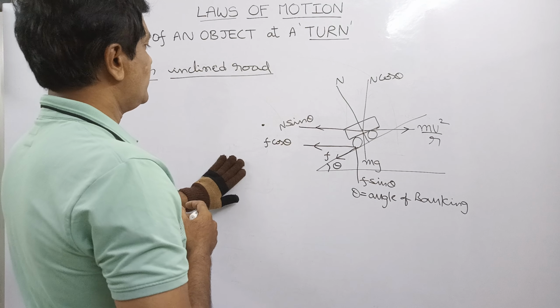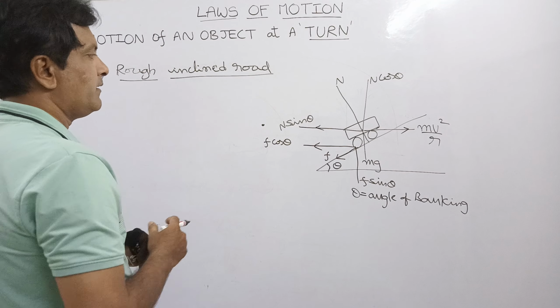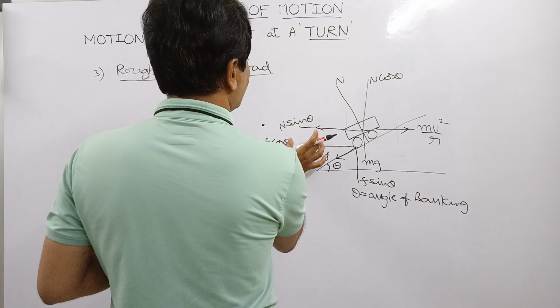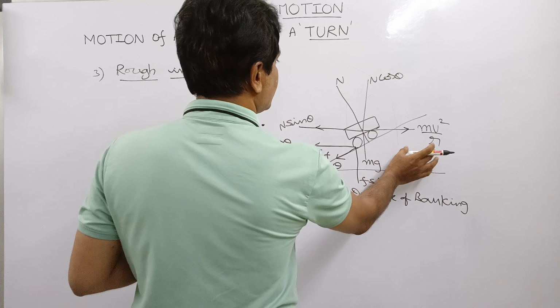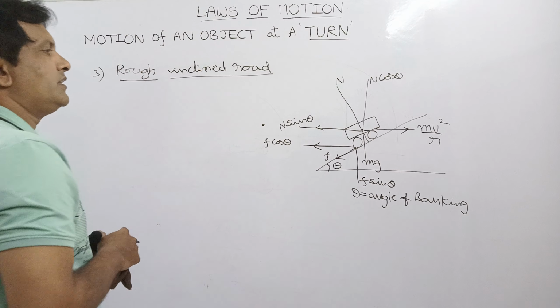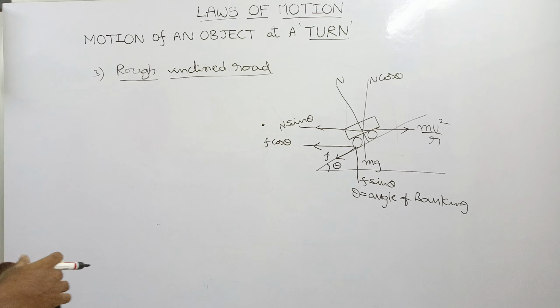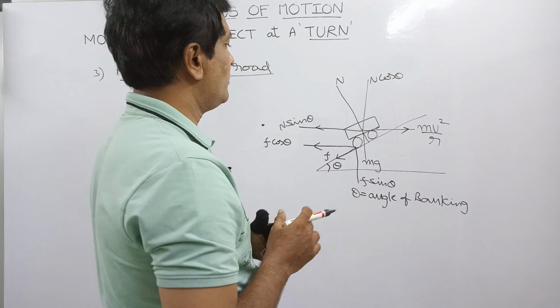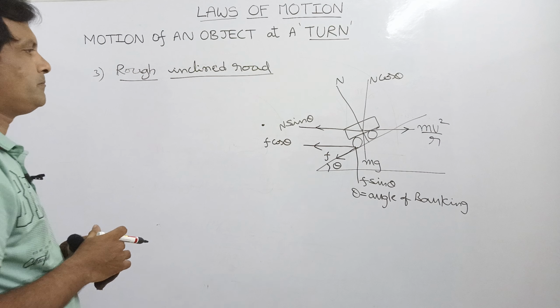Okay, we will see how we need to take. So N sin theta plus F cos theta is mv square by r. So N cos theta is equal to mg.